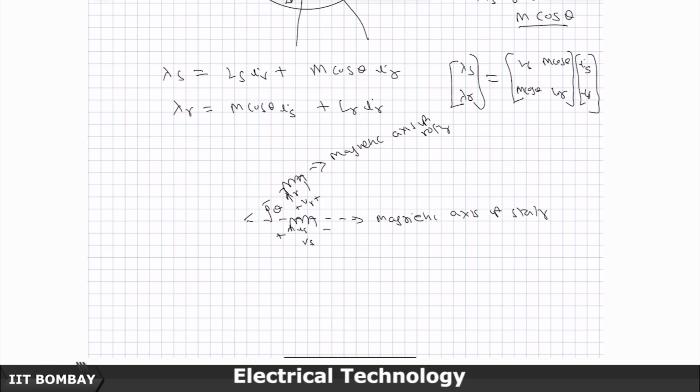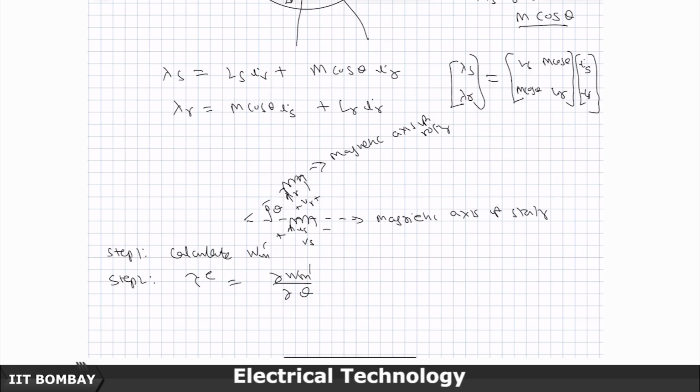So, what we have to write is, first thing is to calculate the co-energy of the system, and then step 1 is calculate Wm dash, the co-energy of the system, and then step 2 will be to calculate the electromechanical torque as the positive rate of change of co-energy with respect to theta.